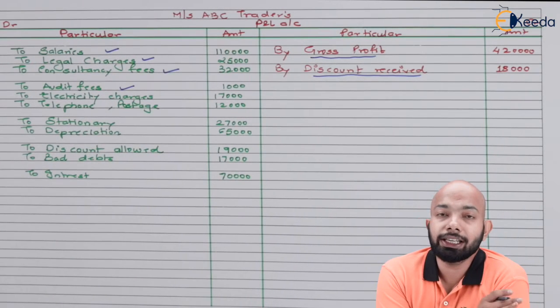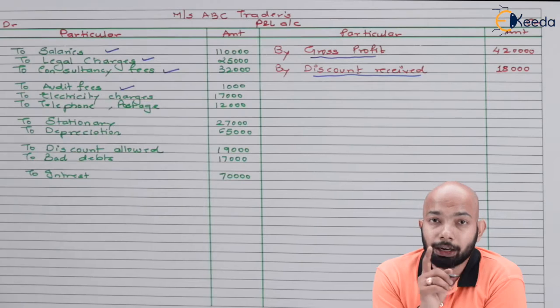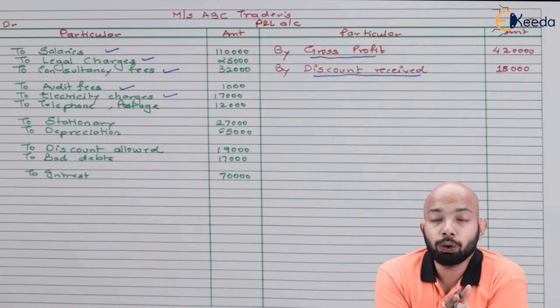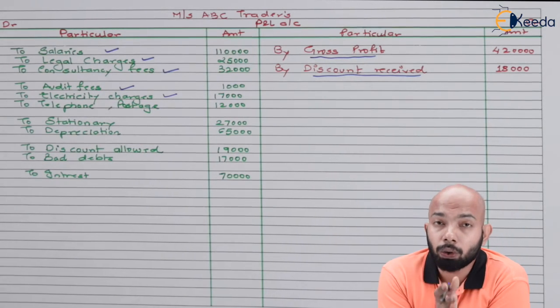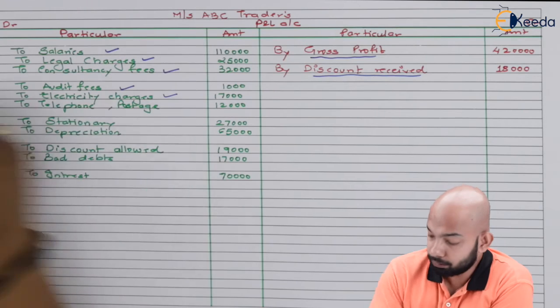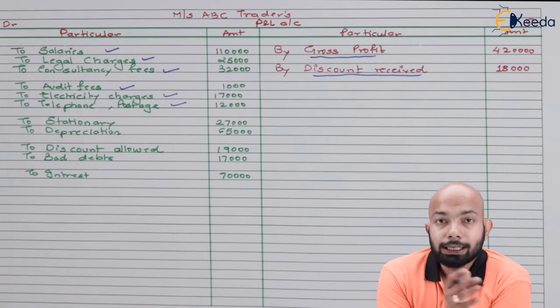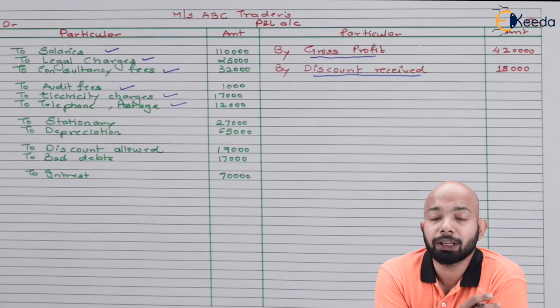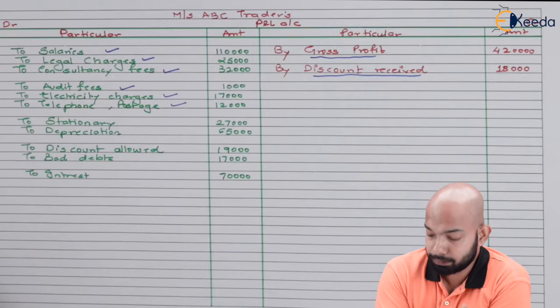Electricity charges of 17,000 has been mentioned on the debit side because it is an expense for us. Telephone, postage, telegram has also been mentioned on the debit side of the profit and loss account. Stationery of 27,000 and depreciation of 65,000 have both been mentioned on the debit side as both relate to profit and loss expenses.